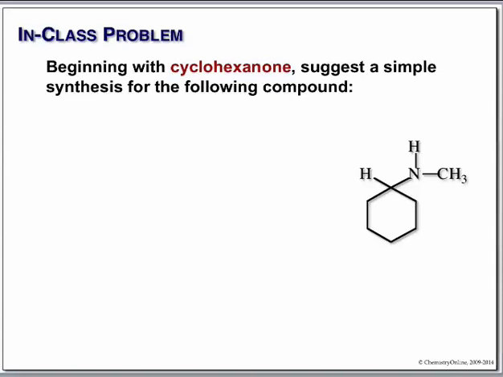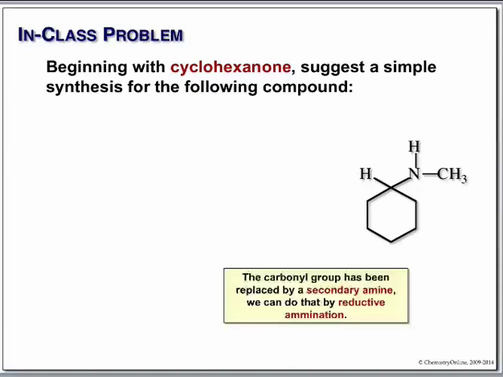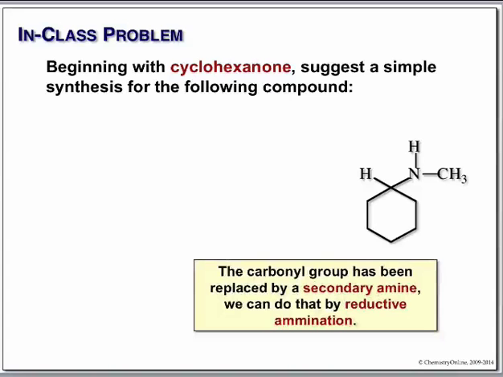But reductive amination. For reductive amination, all you're going to do is take a ketone, add an amine, and then a reducing agent. It's a secondary amine, and we're going to make this by a simple reductive amination. Again, we're going to start with cyclohexanone.